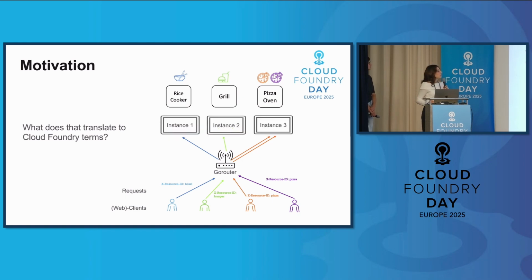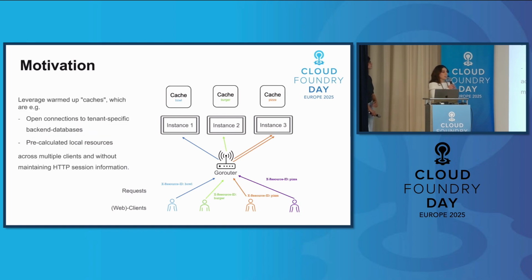Gorouter then routes requests to the instances, which could have caches in which some information required to process the requests is stored. So a cache here is a generic term. It could refer to open connections to tenant-specific backend databases, or could be pre-calculated local resources.